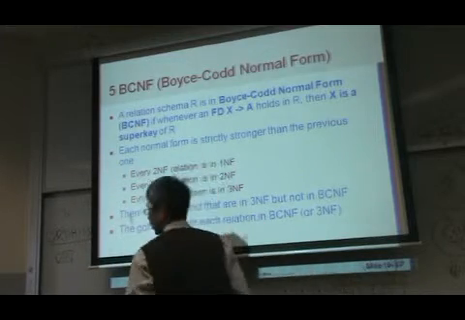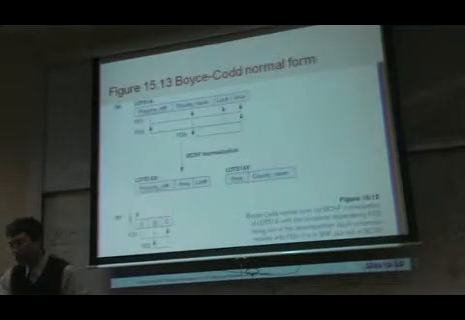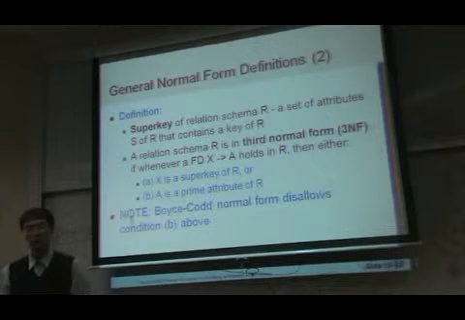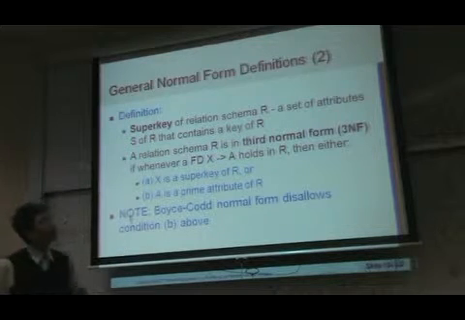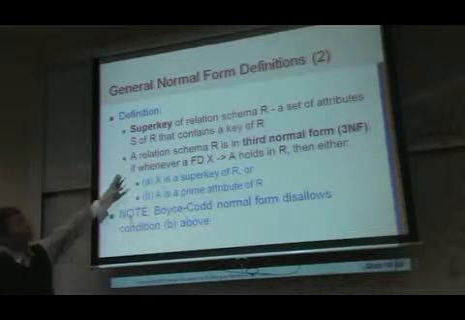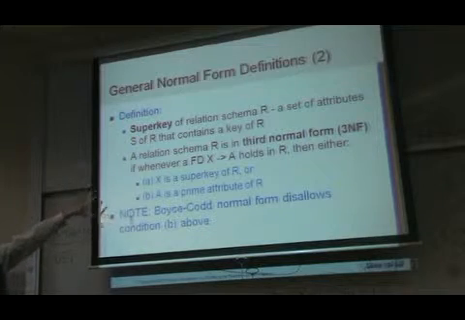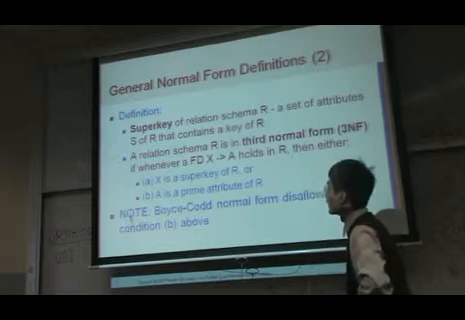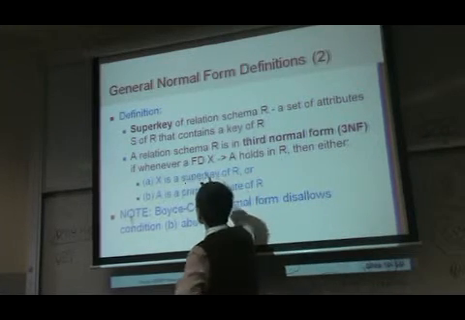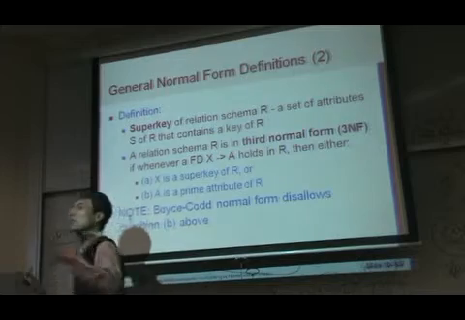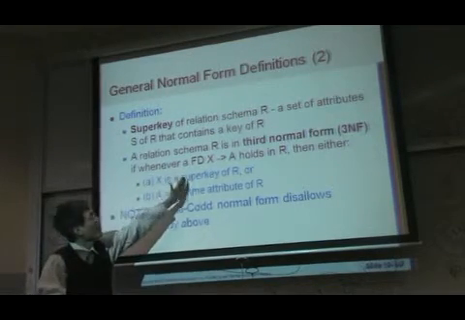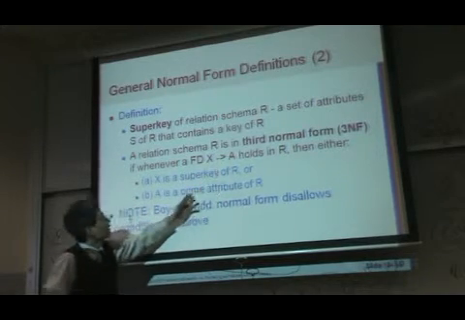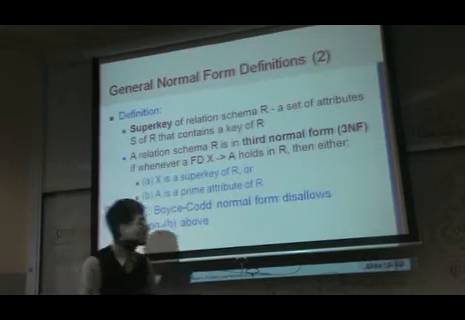Then they realized there are different types of transitive dependency. The formal definition of the third normal form is: when a functional dependency X determines A, X is a superkey, meaning a prime attribute, or A is a prime attribute.